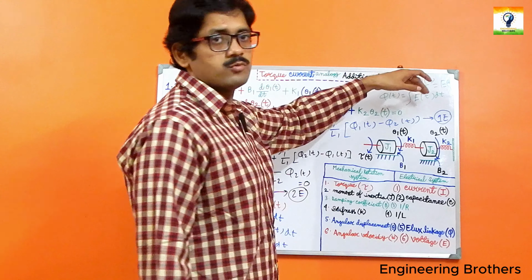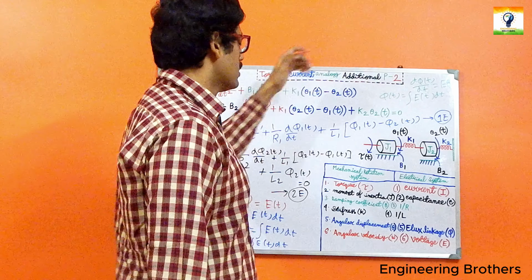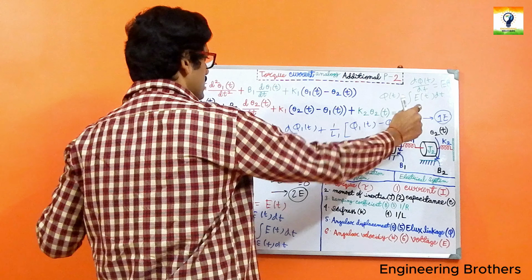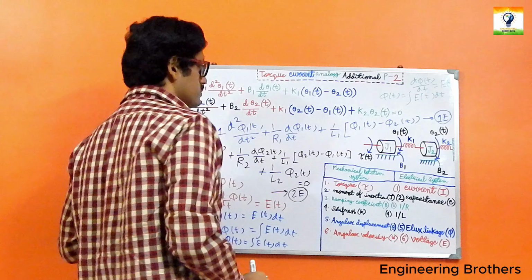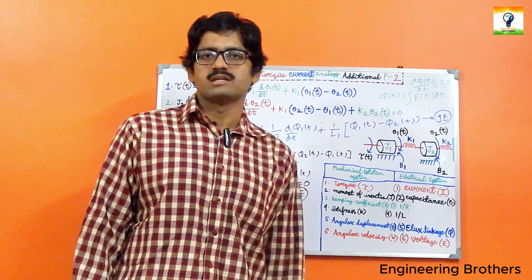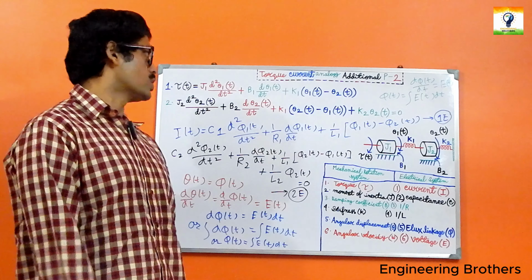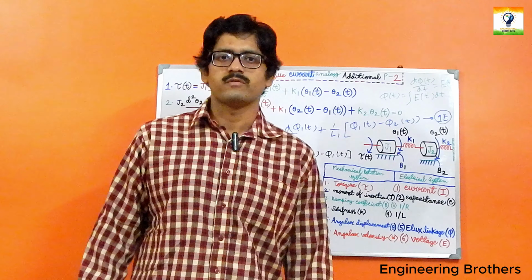Now in our next step, we are going to put these two equations in our electrical equations 1e and 2e to further modify them. That will be the next thing for our torque current analogy. So just wait for my next part.